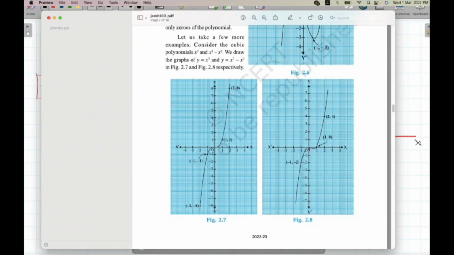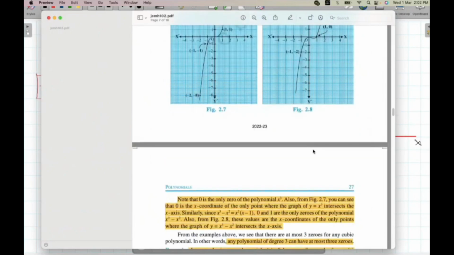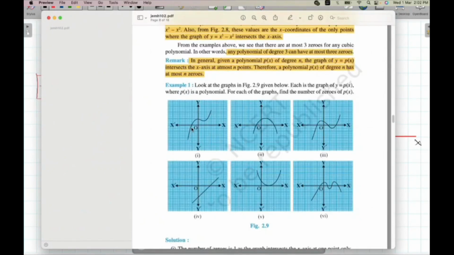In this case, it's happening at 0 and 1, so there will be two zeros here. Similarly, here there will be 1 zero, 2 zeros, 3 zeros, then 1 over here, 1 over here, 1, 2, 3, 4 here, and 1, 2, 3, 4, 5. There will be 5 zeros here.